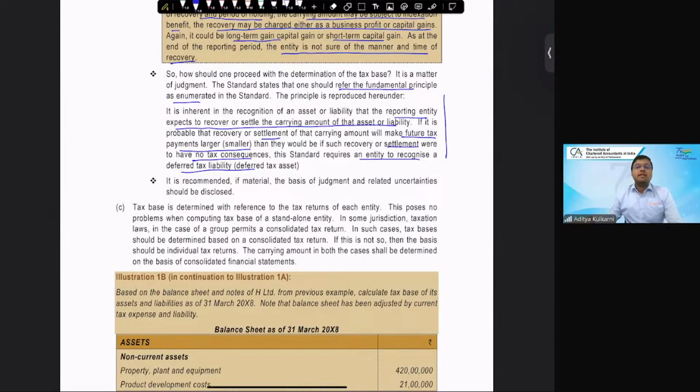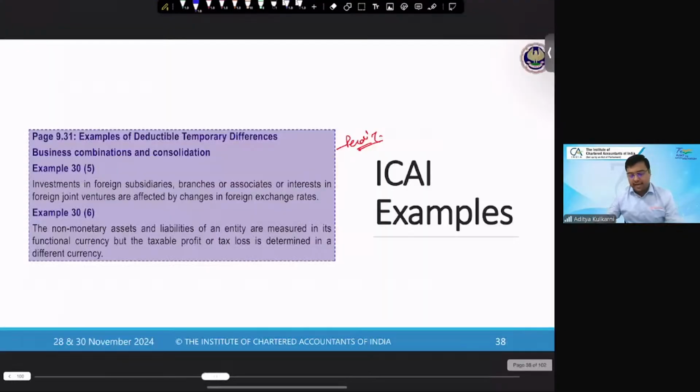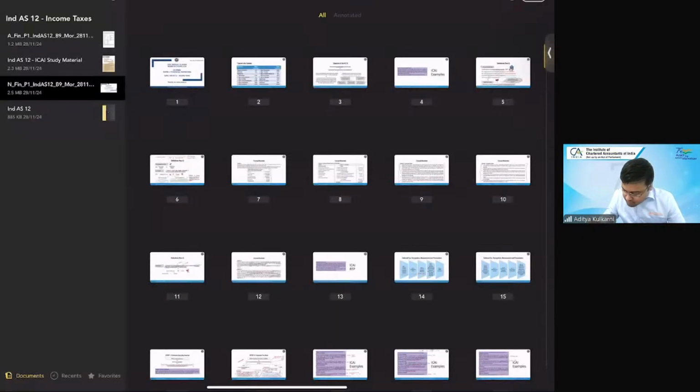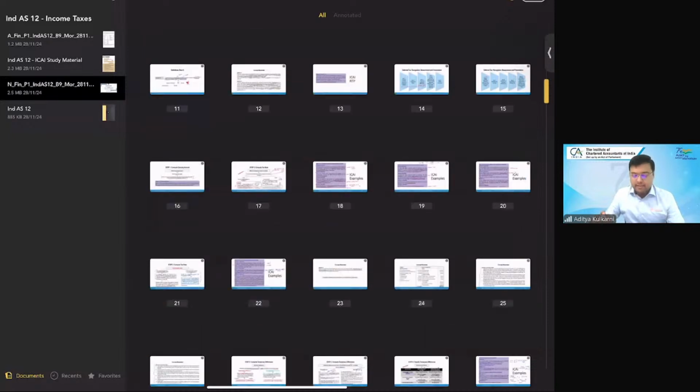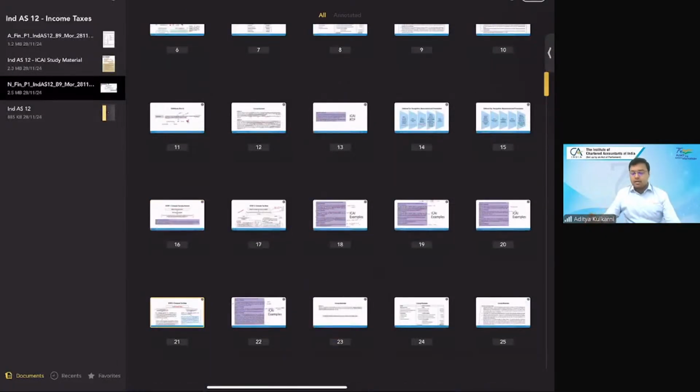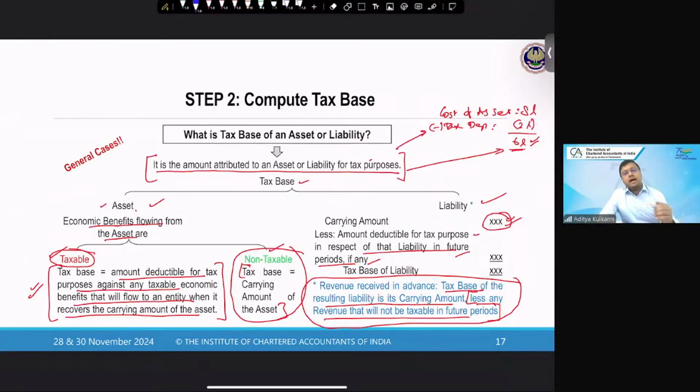However, if I use the technical language of the standard, the tax base is specifically defined for an asset as the amount that you can adjust against the profits that the asset generates in the future for tax purposes.